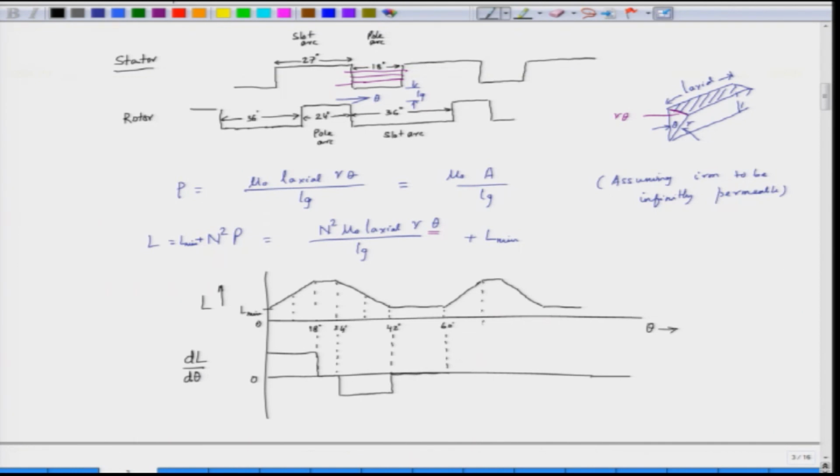This will repeat again from 60 to 78 degrees, and so on, as the inductance gradually increases. So, dL by d theta is positive but constant. This is the slope, the derivative of L with respect to theta.